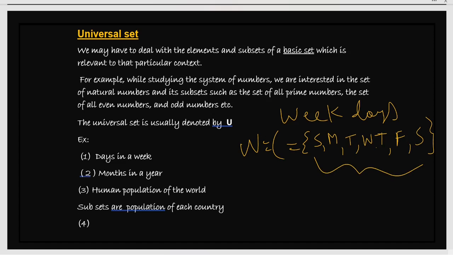Can any other elements be possible in this? No. So it is the complete list of the context under consideration. What is the context under consideration? The weekdays. The names of the weekdays are in this set. The subsets can be, you can have Sunday as a subset, you can have Sunday and Monday as a subset, and like that it goes on.